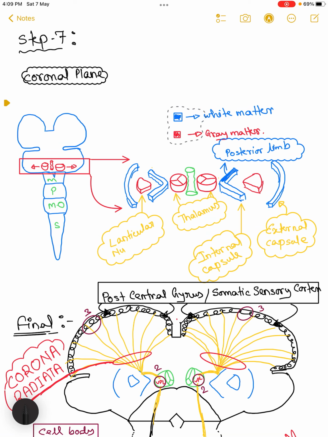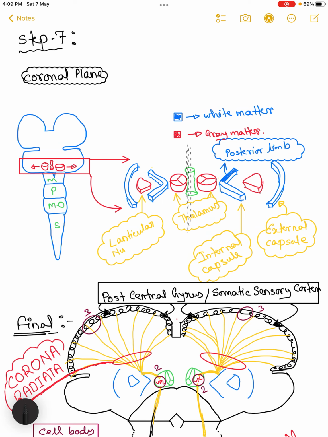Focus here. The blue one is white matter and the red one is gray matter. Again, this is our thalamus, two sides, and in between the thalamus, this red structure is known as what? Our third ventricle.